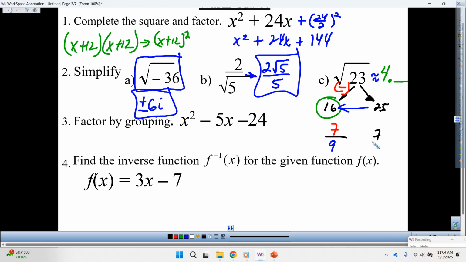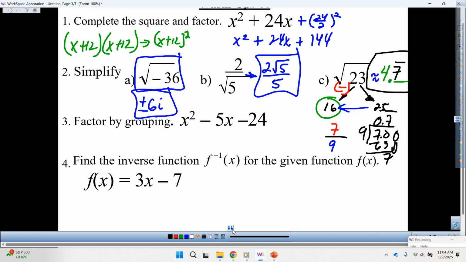Therefore, 7 divided by 9 does not fit in there, out of 0.7, that's 63, 7, and it repeats. So this is 4.7 bar. Right now, this should be automatic. Yeah, if you round it to 4.8, that's fine, I guess.